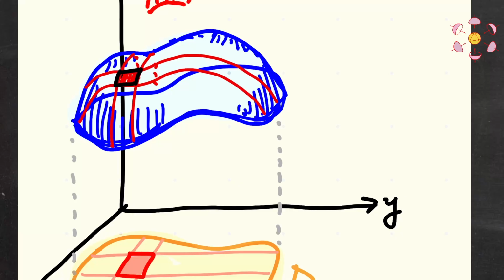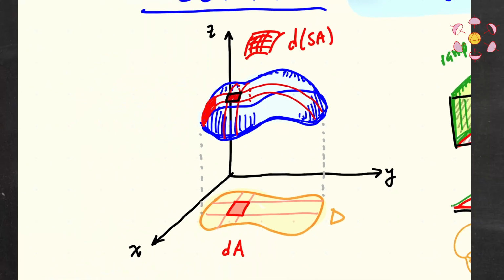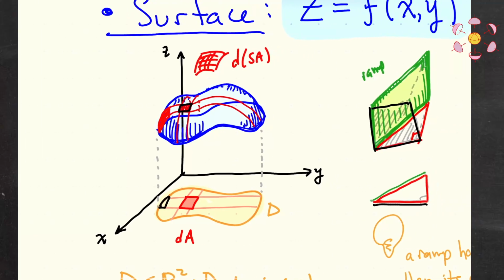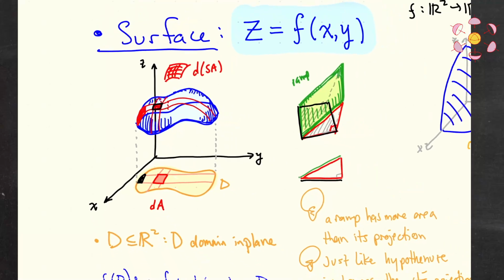But if I go to maybe the edge over here where it's very steep, you can see the comments I was making about the ramp: the projection is actually pretty short down here, but the surface is very steep and has a lot more surface area than just this projected part down here. Okay, so those are some good preliminary remarks.